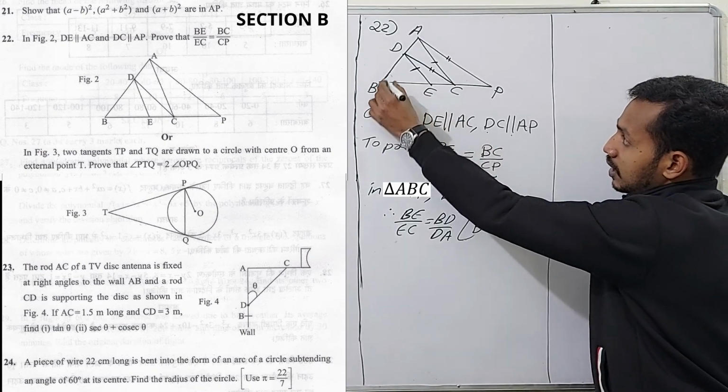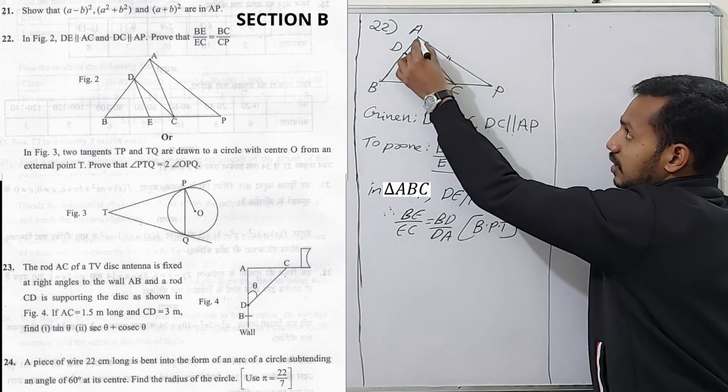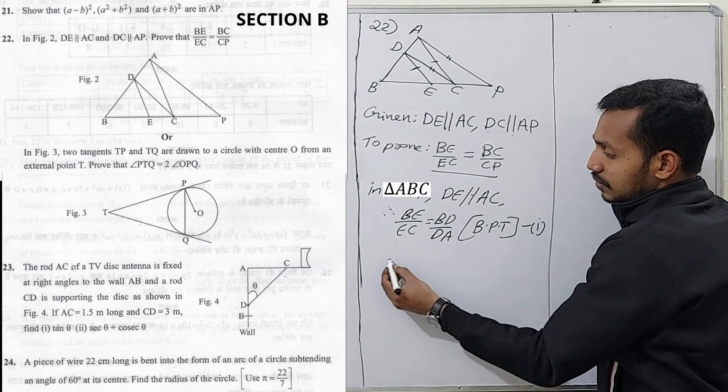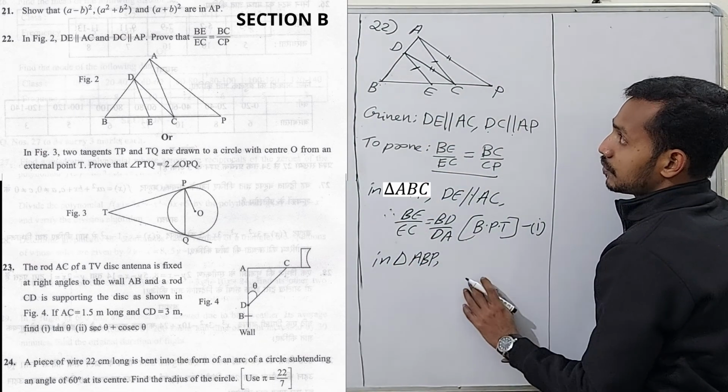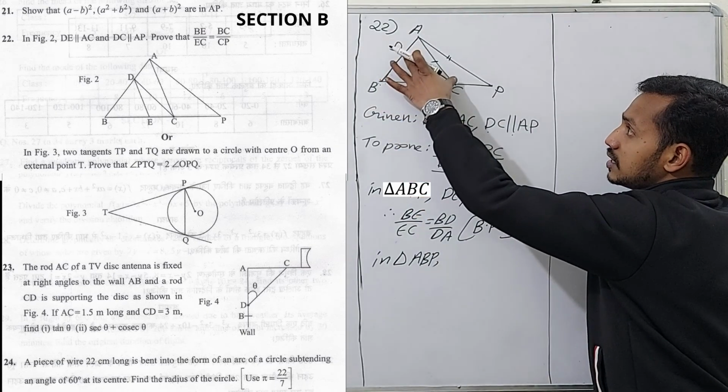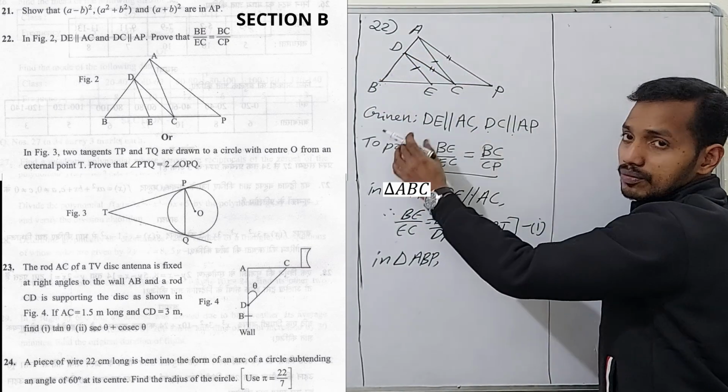Now come to triangle ABP. In triangle ABP, what do we have? We have DC parallel to AP, already given.